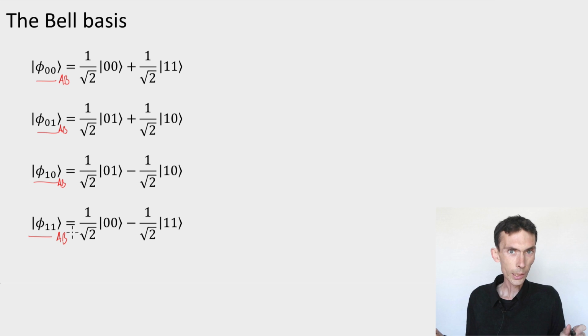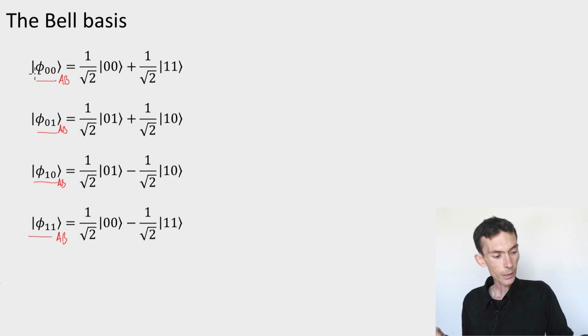First, as I already kind of leaked to you, it's a basis. So you can check that all the states are normalized. This is pretty clear. You can also check that all of them are orthogonal. So for instance, if I take the first state and the second state, they're orthogonal because they're supported on strings that are distinct.